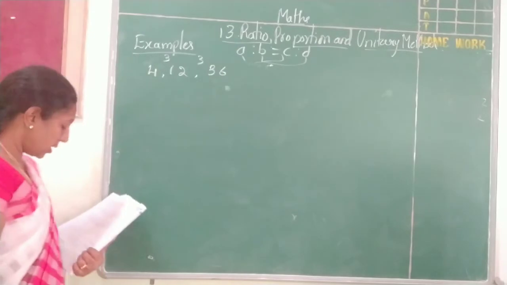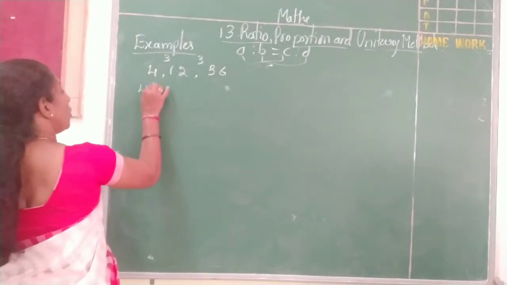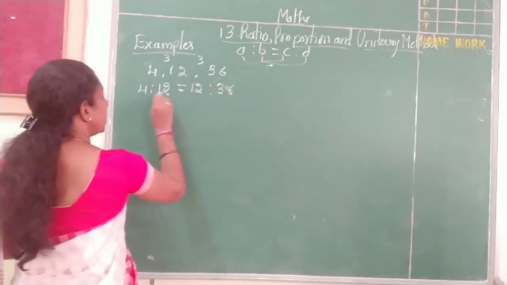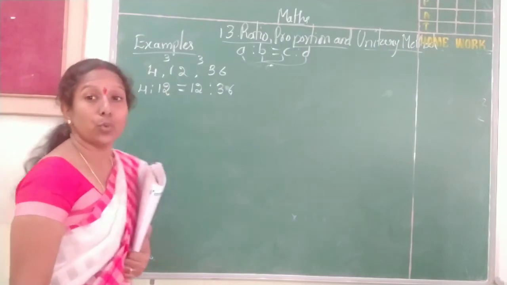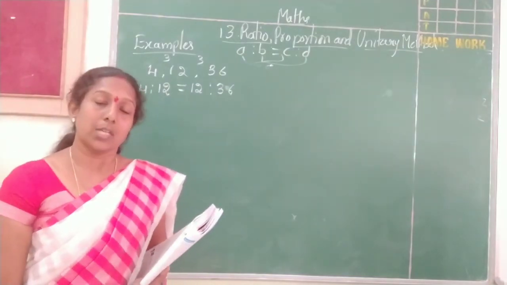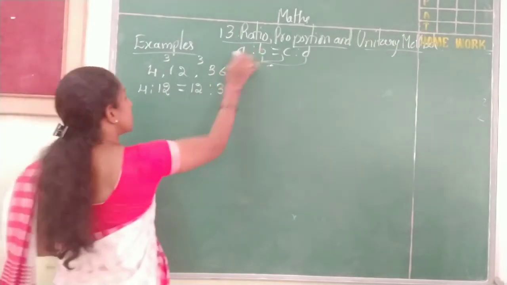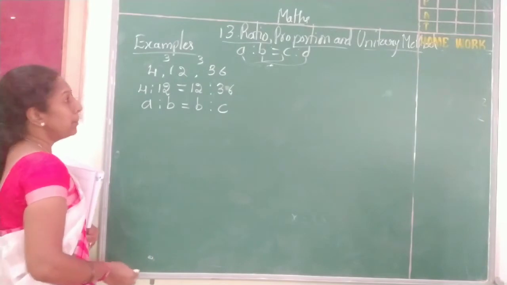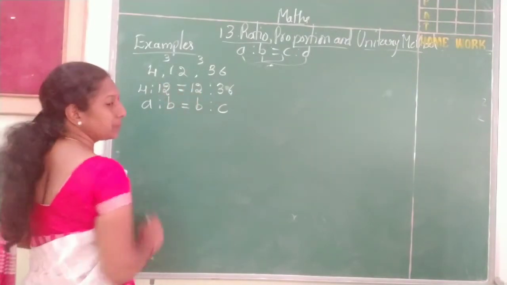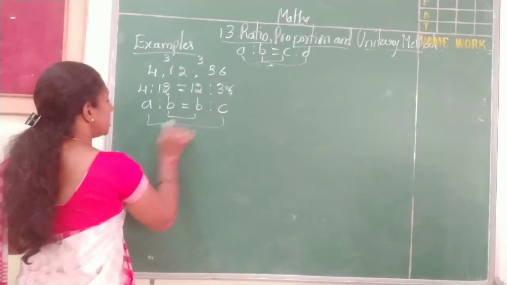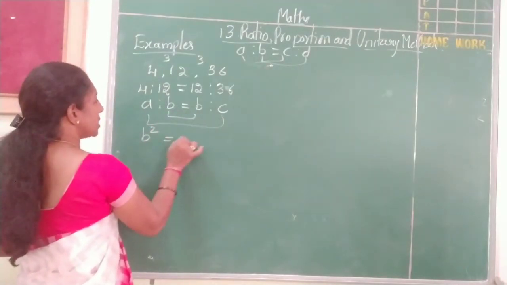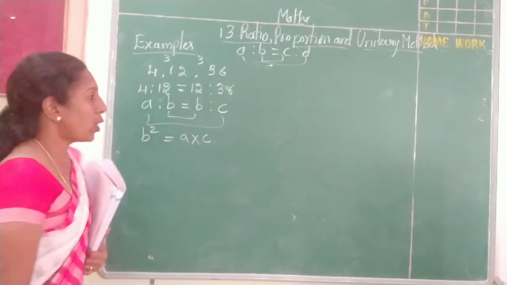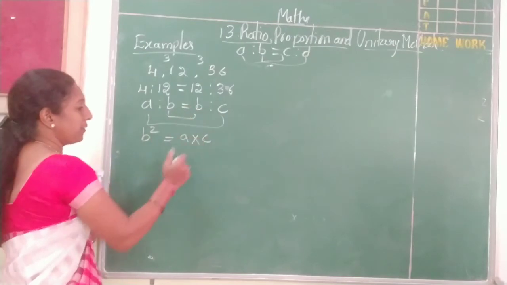So how will we write this? We will write it in the form 4 is to 12 is equal to 12 is to 36. This means the number 12 we write 2 times in the middle. So what will the equation be? A is to B is equal to B is to C. The B is repeating 2 times. So multiplying like this, B into B, B square is equal to A into C. B square, the product of means, is equal to the product of extremes.